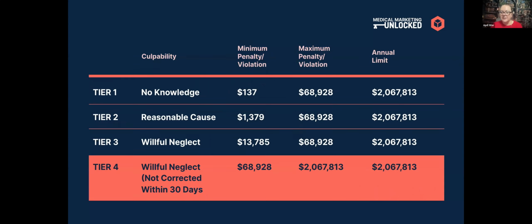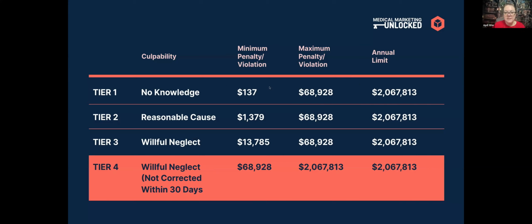Now, if you didn't have any knowledge and it affected millions and millions of people, it could go up to $2 million. For some of us, a $2 million violation or penalty is career ending. For some people, that just might be a line item in their shareholder report. But for me, if I were to get a penalty, that would be a pretty serious deal.